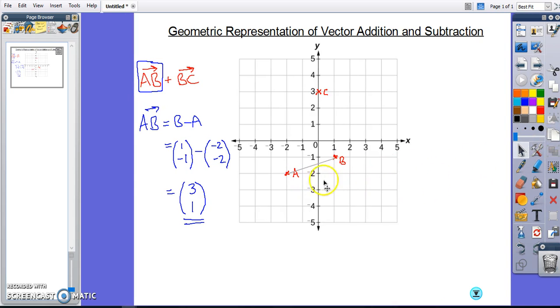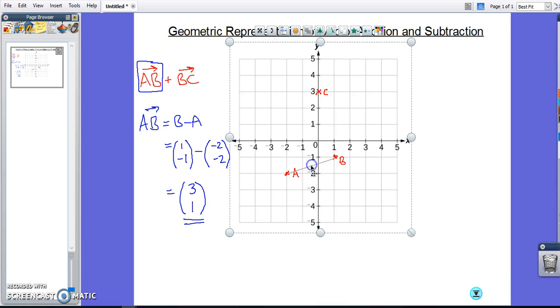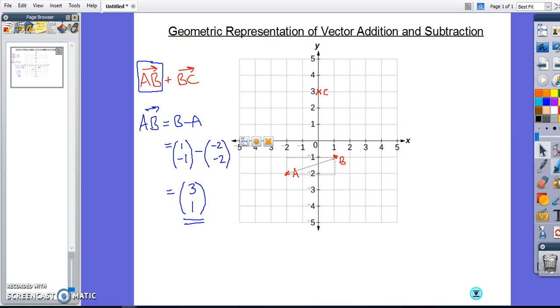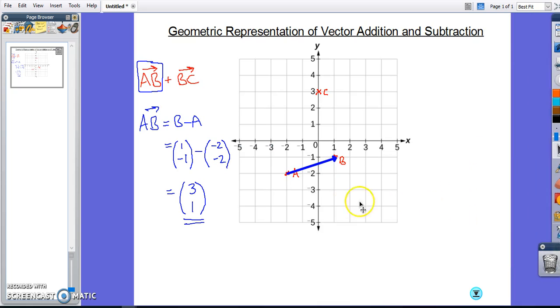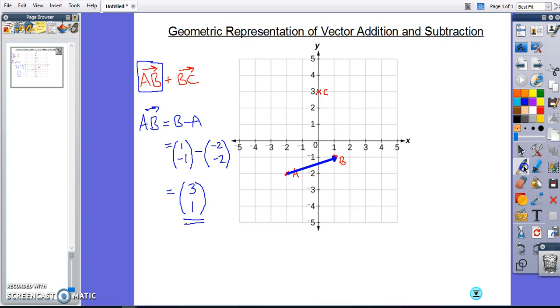Hopefully my arrow heads the right way around. I think it is. And let's make the thickness of the line a little bit bigger. There. So that's the vector AB.